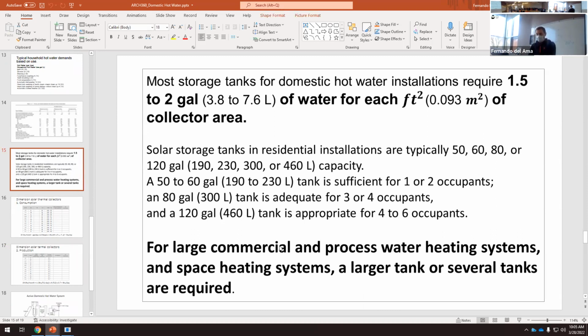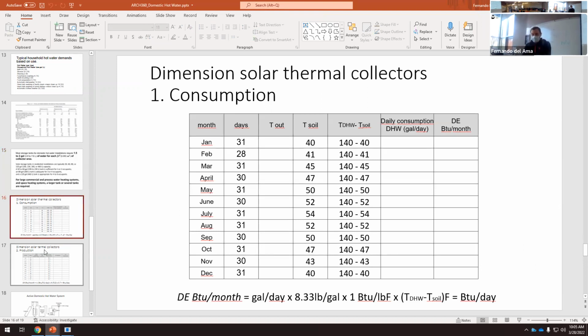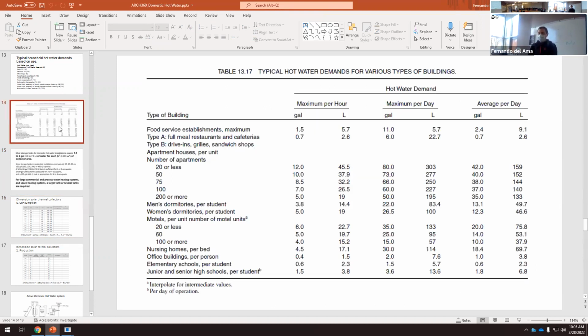And for larger commercial buildings, we need a larger tank or different tanks. Sometimes it's cheaper having different tanks than having a huge tank like this. Anyway, these are the things that we need to know.